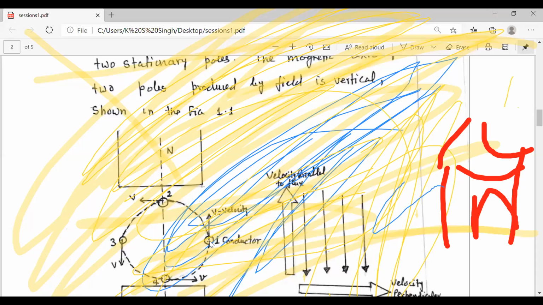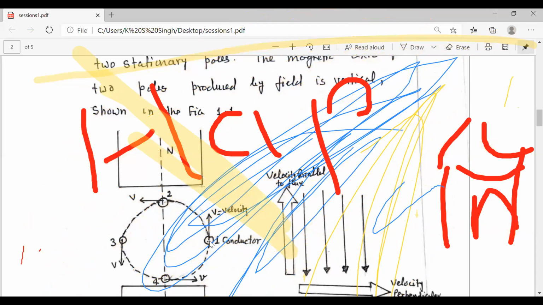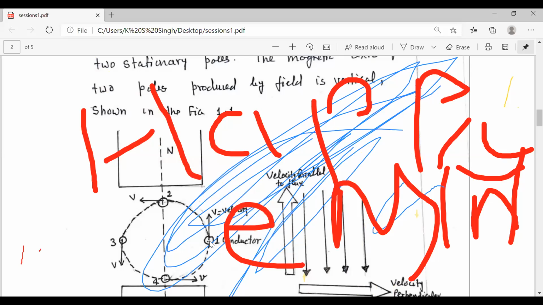The conductor and the flux are parallel, so the conductor will not cut any flux. When there is no cutting of flux, the voltage induced in the conductor is 0 at position 1.